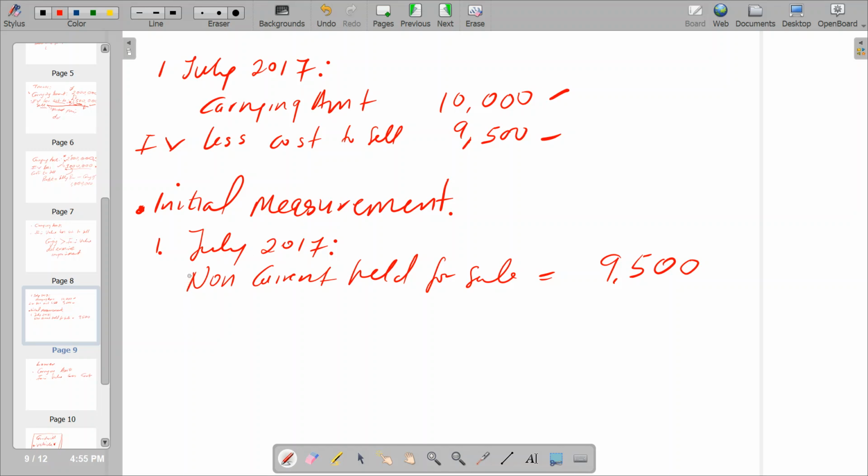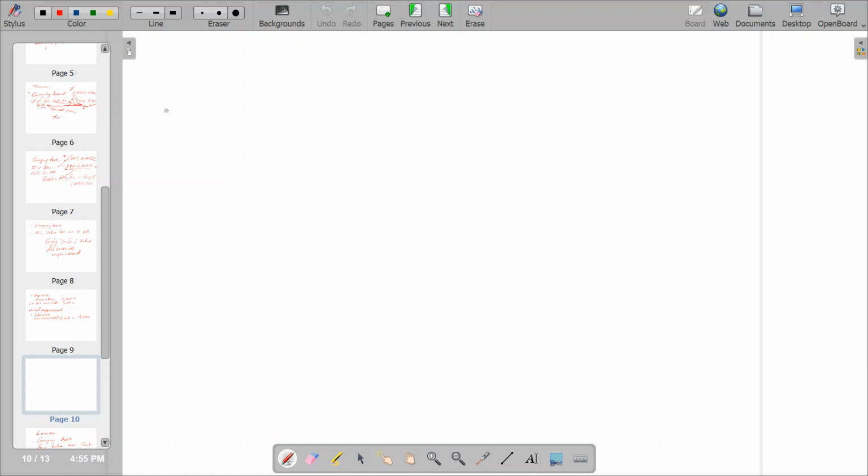Now the company sold the asset the following year. Sometimes you may make all the plans, but it takes a while for the asset to be sold. So as at 31st December 2017, the asset had still not been sold.